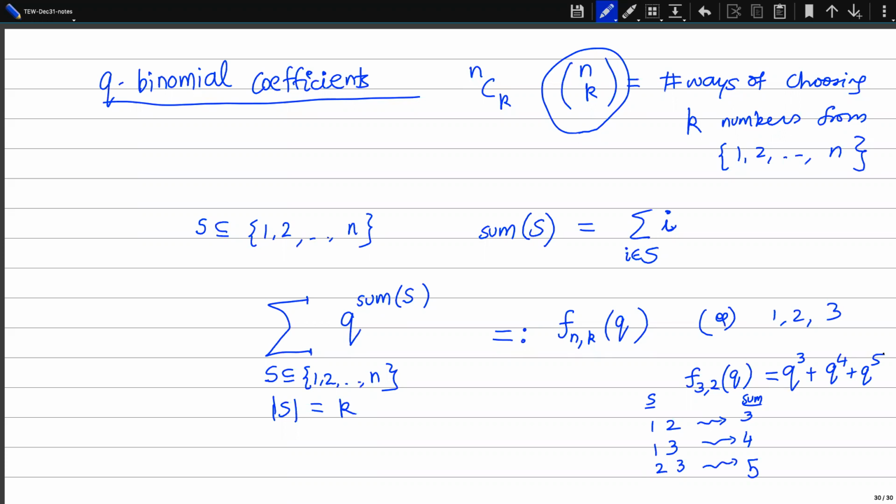So here's my very first question. This is always a polynomial in Q, that is clear, right? For every choice, I've written a monomial. But if I substitute Q equals 1, what will I get?